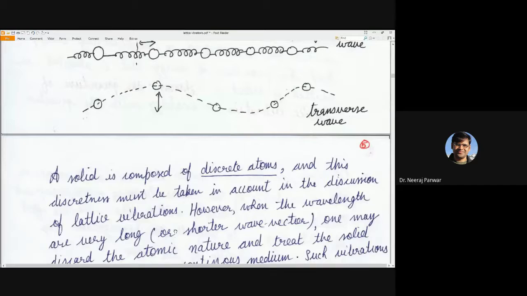However, when the wavelength of lattice vibrations is very long in comparison to what? Very long in comparison to the interatomic distance. The atoms are vibrating and they are producing a lattice wave.